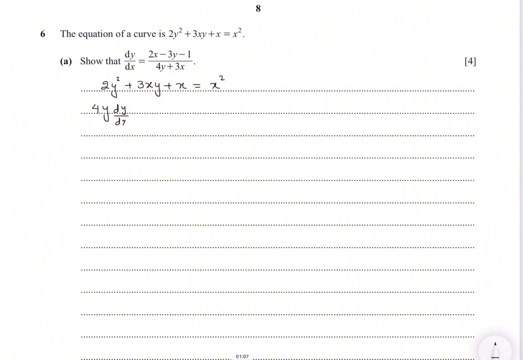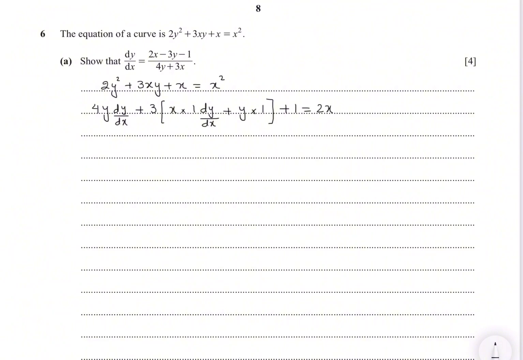For the second portion, take 3 outside, and xy will be differentiated with the help of the product rule. So first function into derivative of second, plus second function as it is into derivative of first. The second function is y, so I have to write dy by dx with it, plus 1, differentiation of x is 1, is equal to 2x.